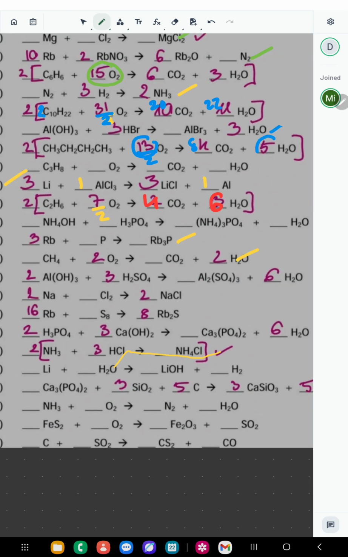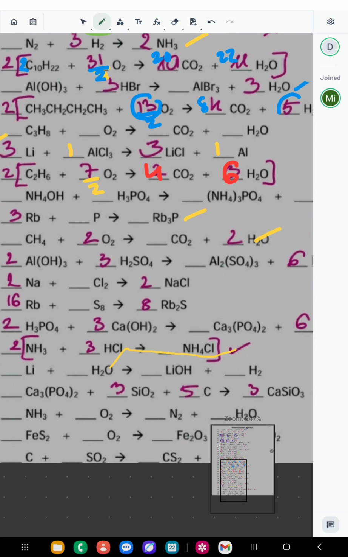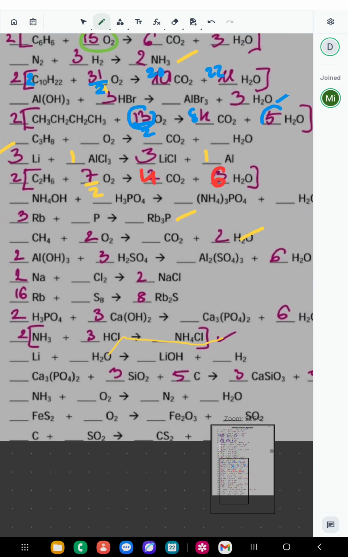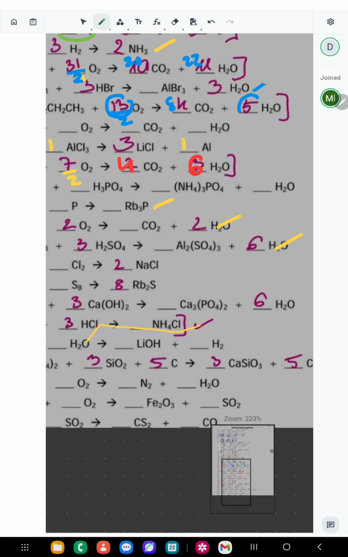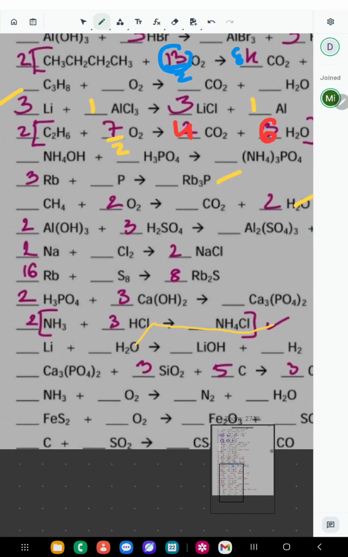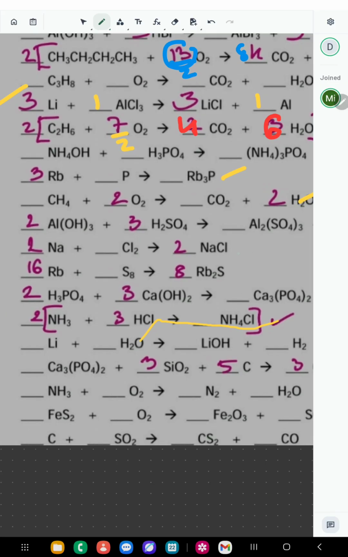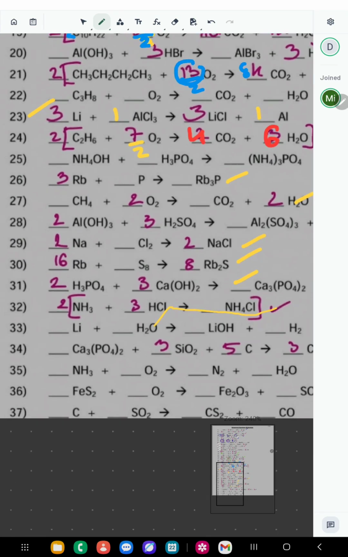This one is correct. And then for 28, you have 2 aluminum hydroxide, sulfuric acid, Al2. Okay, this one is correct. And then 2 NaCl, this is correct. Then this one, 2 Hb3. This one is correct. Should be 6.